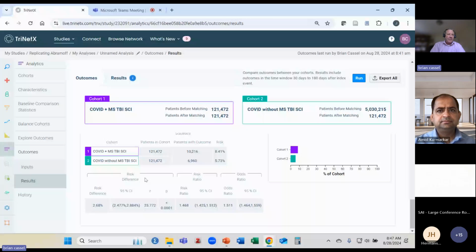It may not be COVID-specific dyspnea, but having at least one visit with a dyspnea ICD-10 code on it between 1 and 6 months after COVID is more likely in the MSTBI SCI cohort than it is in the other cohort. 8.4% versus 5.7%. Big Z-score, small p-value on the risk difference. Risk ratio 1.5, 95% confidence interval doesn't cross 1.0.